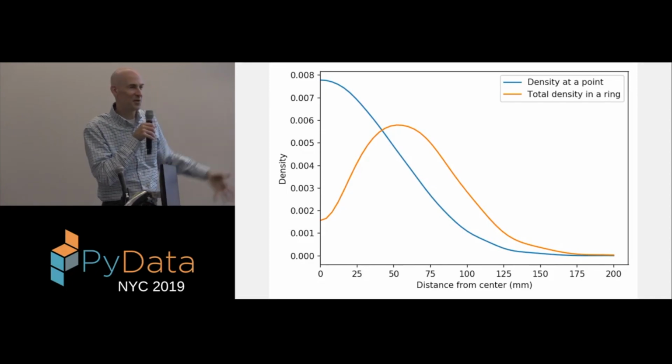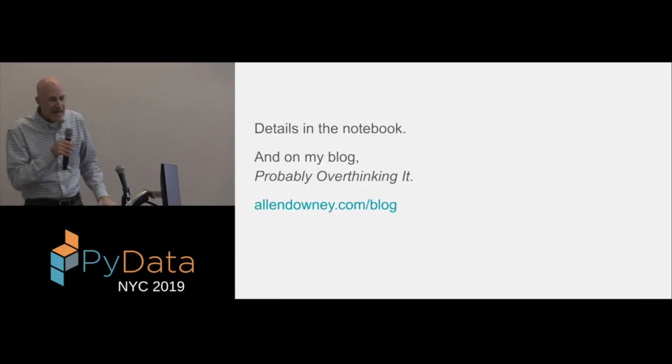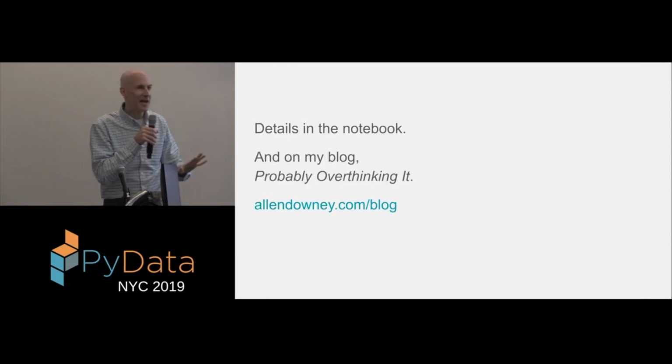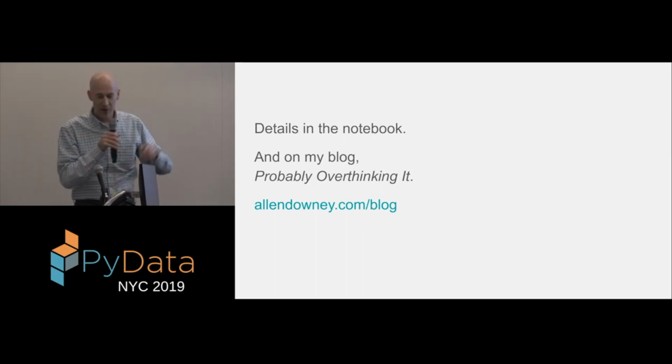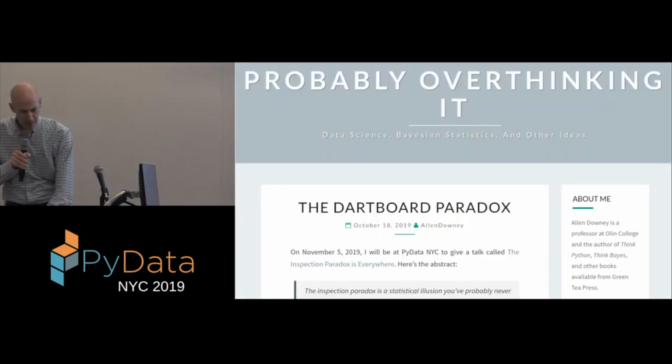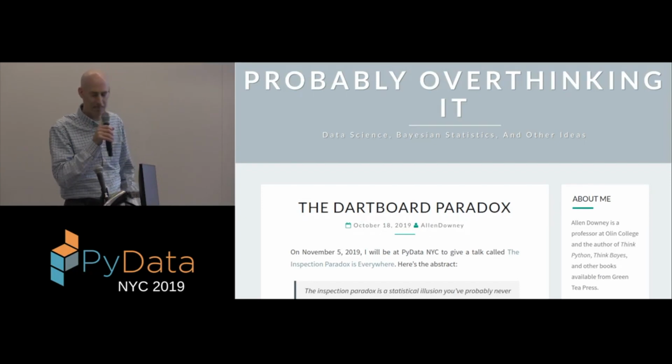The most likely value is away from the origin. If you're curious about that, I decided to kind of skip over that today. But you can look in my blog. I have an article there where I wrote about that. This is the dartboard paradox. And the notebook that I sent you to also has the details in it.